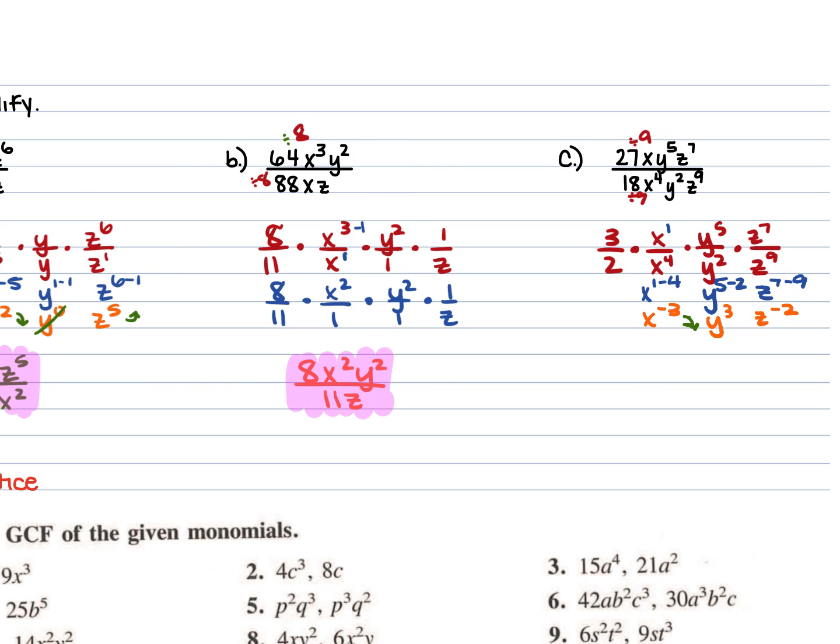The x to the negative 3rd becomes x cubed if you bring it to the denominator. The y cubed is going to stay up top, and that z to the negative 2nd is going to become z squared if you bring it to the denominator. So we're going to have 3y cubed over 2x cubed z to the 2nd power.